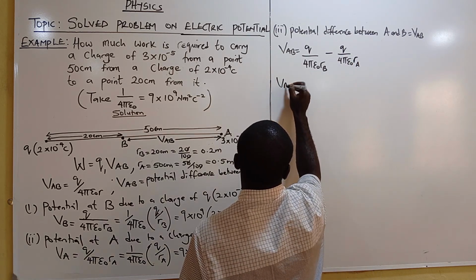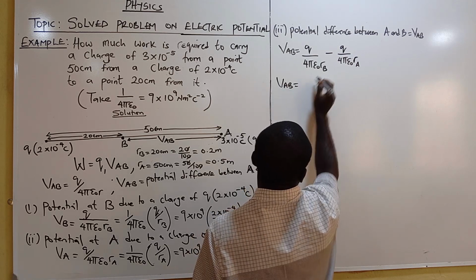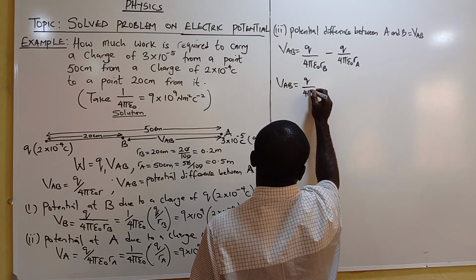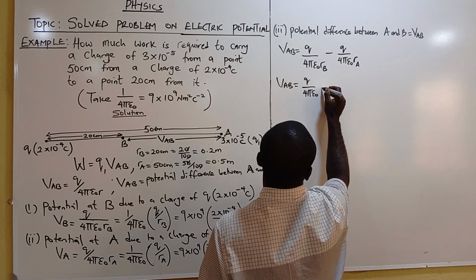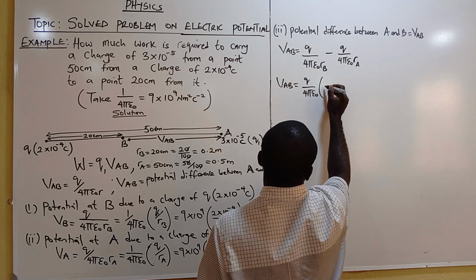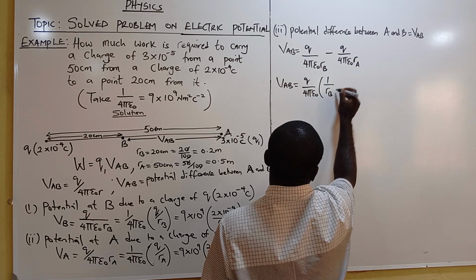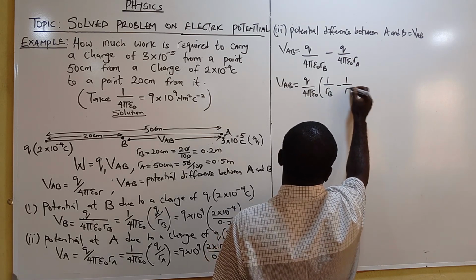Now VAB, let's factorize it out. This Q and 4 pi E naught is common. Q over 4 pi E naught, open bracket, 1 over RB minus 1 over RA.